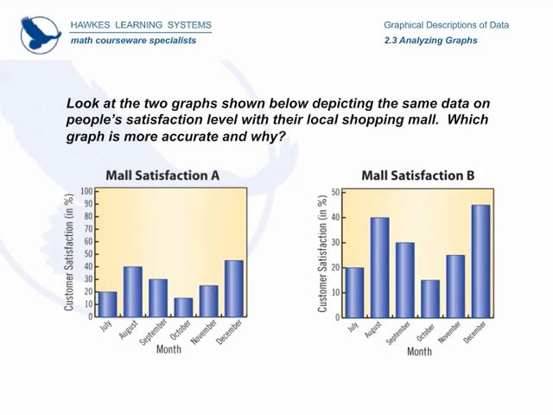Okay, so to sum up everything, let's look at these two graphs shown below depicting the same data on people's satisfaction level with their local shopping mall. Which graph is more accurate and why? This will give you an opportunity to look at the mall satisfaction data for A and the mall satisfaction data for B. As we look at these two depictions, we want to find out which graph is more accurate and why.